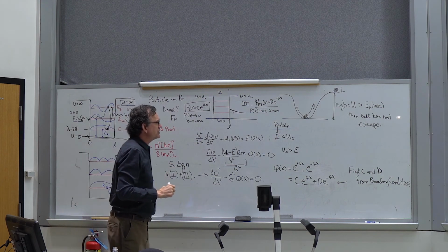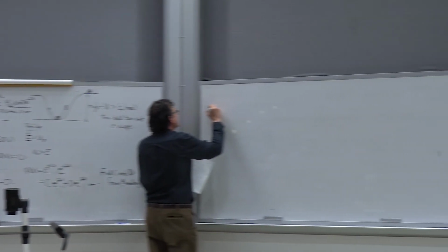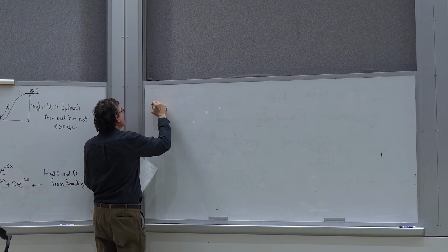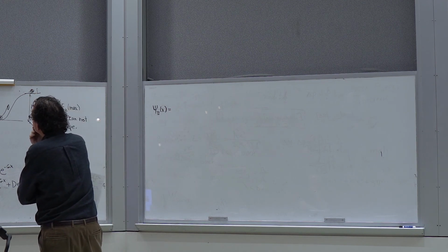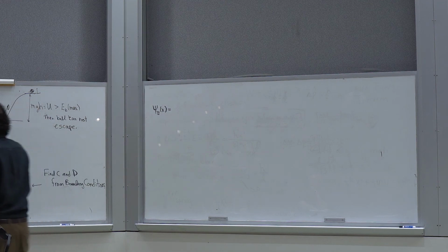Okay, now the question is, what is the solution in the middle? So now I need to know what is the solution phi 2 of x. What is that solution in the region phi 2?